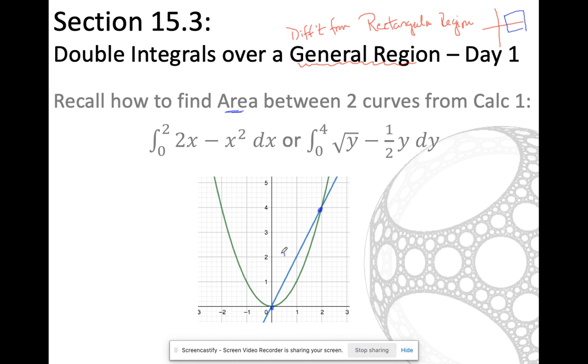And the area was top minus bottom, right? But when you did top minus bottom, it was because you were drawing little teeny rectangles, right? Little strips that were vertical.